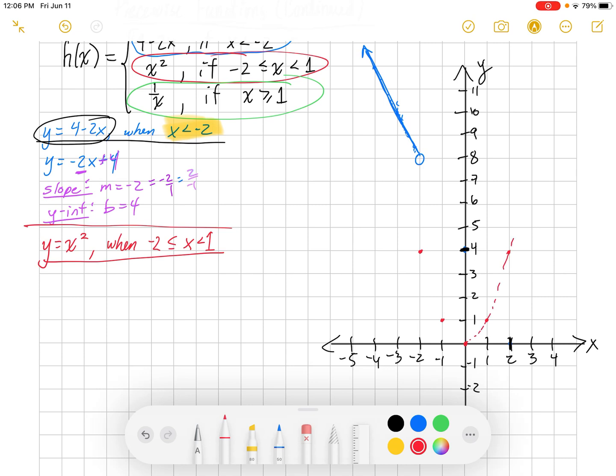Okay, and if you were to connect these very lightly, you would get something like this. But we are only going to keep this parabola, this horseshoe-looking thing, between negative 2 and 1. So here I'm going to find negative 2 and 1.